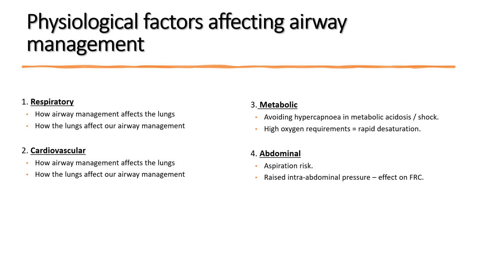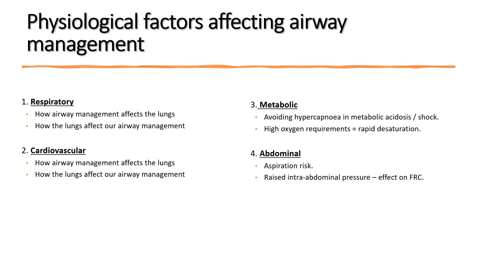Moving on from the cardiorespiratory system, we also need to assess the metabolic physiological status of the patient. Patients who are shocked and have metabolic acidosis will tolerate periods of apnea poorly because apnea will result in hypercapnia, and then one can get a respiratory acidosis on top of a metabolic acidosis, and that could precipitate arrhythmias or full cardiac arrest.